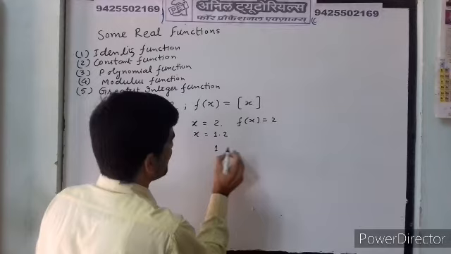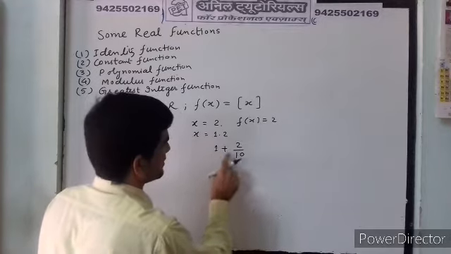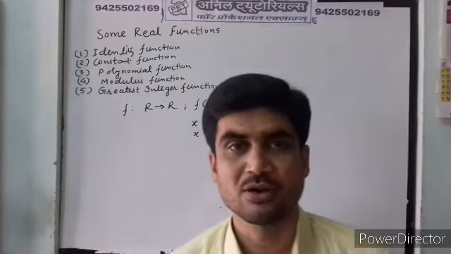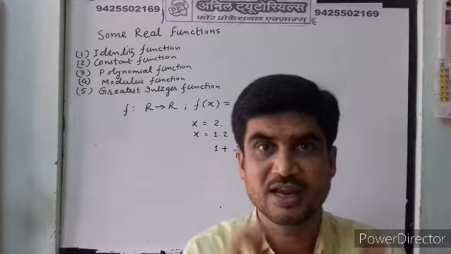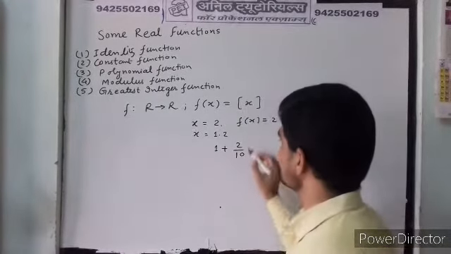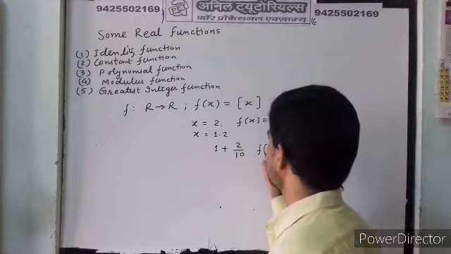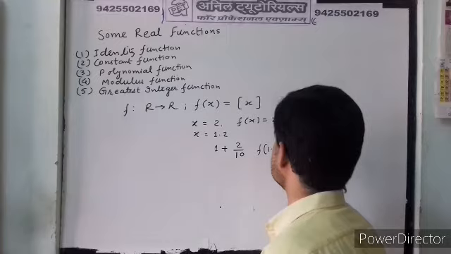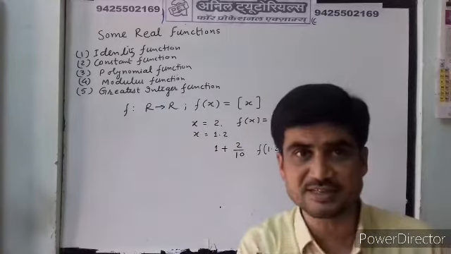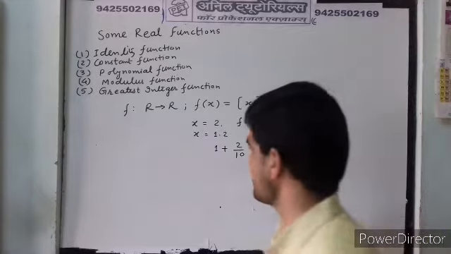So 1.2 we can write like this: 1 is an integer and 2 by 10 is a fractional part, a decimal. So when you write f of this value, you will get f(1.2) is equal to 1. Clear? Because we have to write only the integral part of any real number.